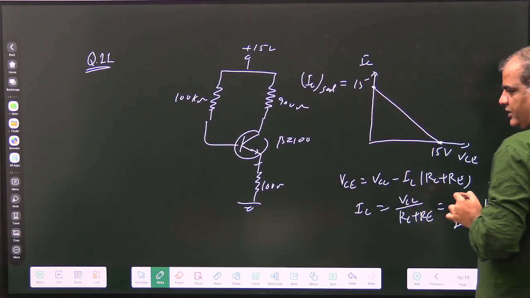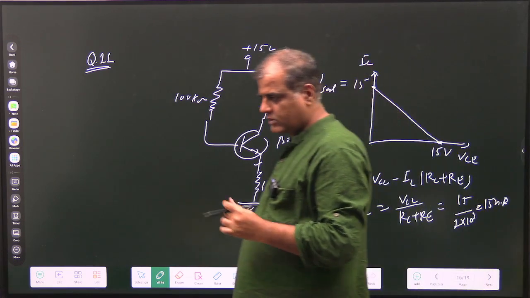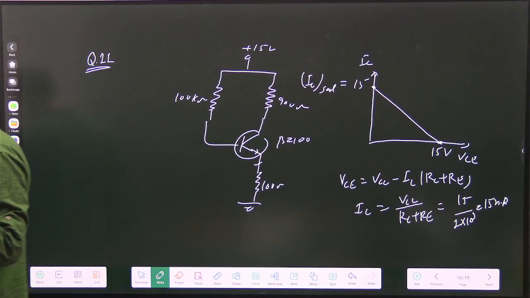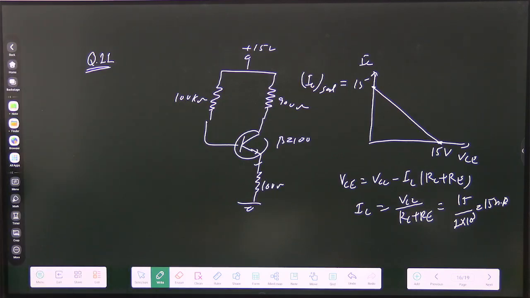What is the cutoff point, the operating point now? Either option A or option C. Now find the Q point.